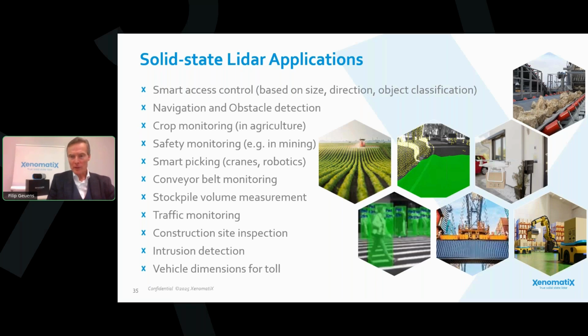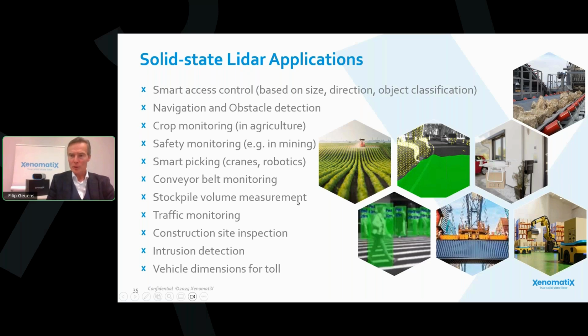We have our LiDARs active in mining applications for all kinds of safety aspects. That's also a good fit for Xavia. Smart picking, where dimensions and distance are important on cranes and robots, is an area of application. We can monitor material that passes by on conveyor belts to check the dimensions or to measure how much is passing by.